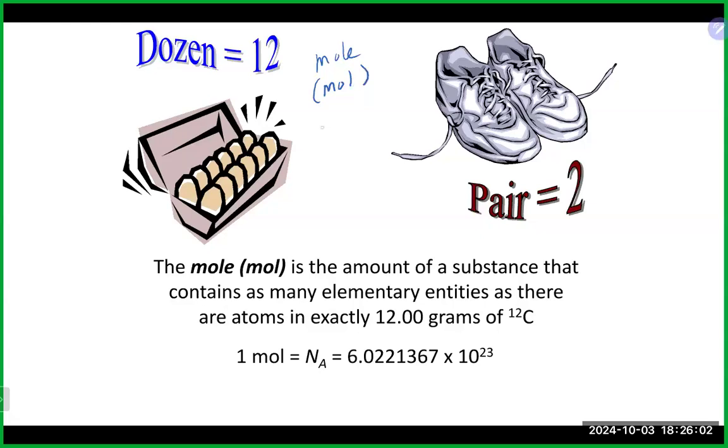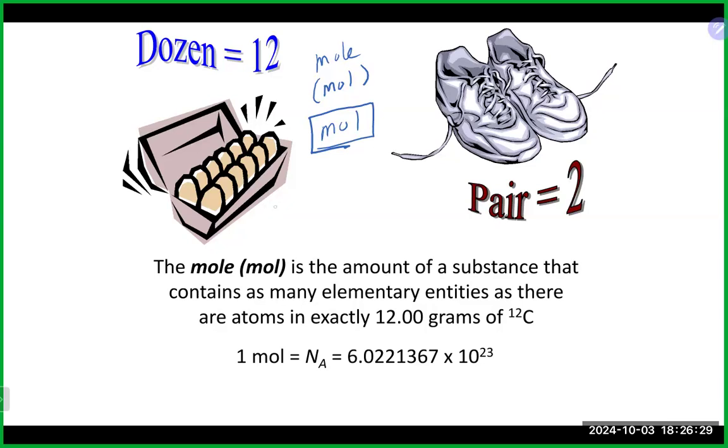Unfortunately, that gets a lot of people in trouble, because when they see MOL, they automatically jump to molecules. That is the abbreviation for moles. It is not molecules. Trust me, if they want molecules in a problem, they will write out the word molecules for you so you don't have any misunderstanding. So again, MOL is the abbreviation for a mole.